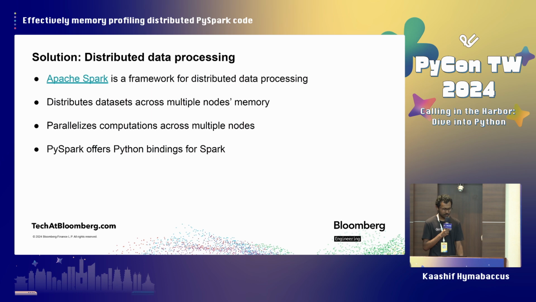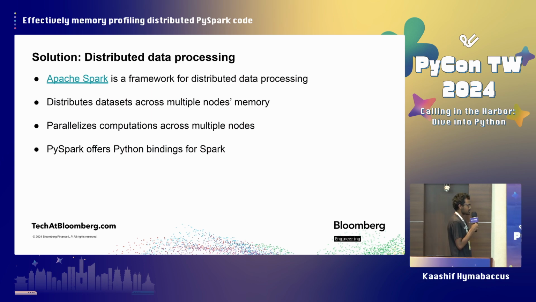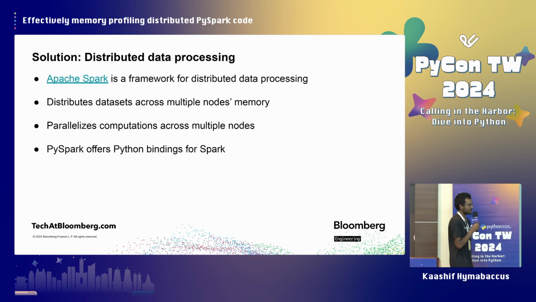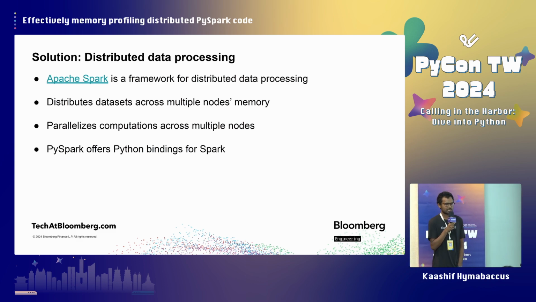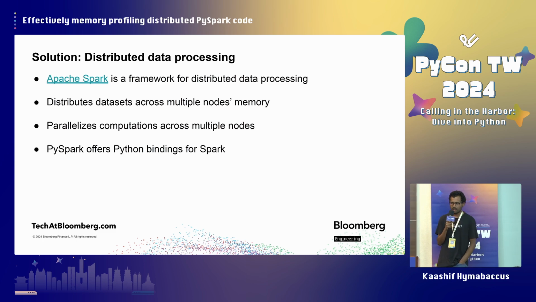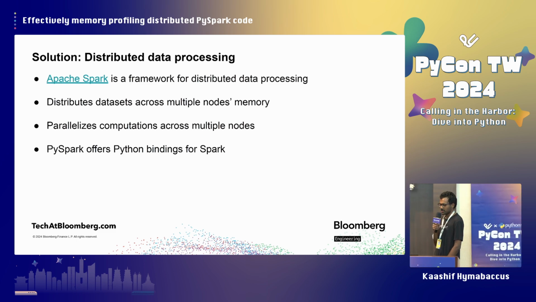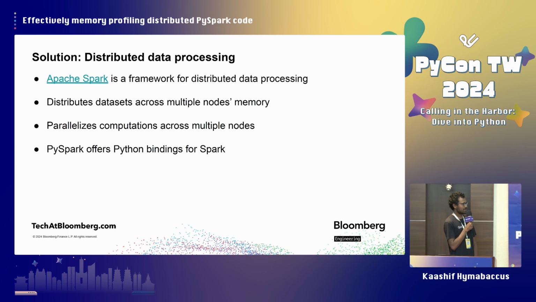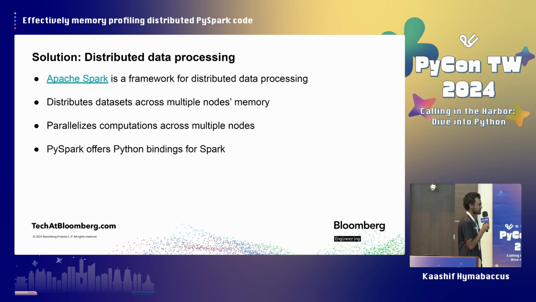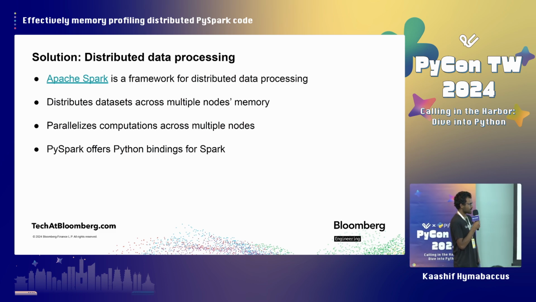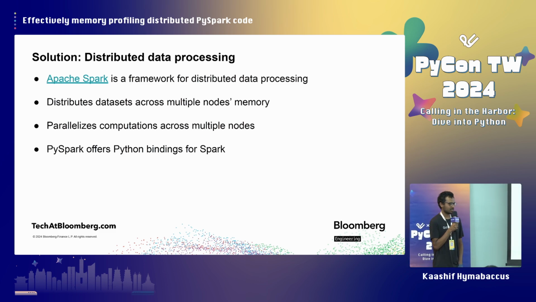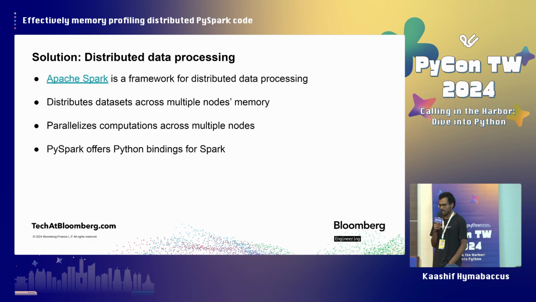So the solution we're going with, there are other frameworks you can use, but what we use at Bloomberg is Apache Spark. It's a framework for distributed data processing, which allows you to do 2 things. One, you can distribute your data set across multiple nodes, so that allows us to load the whole data set into memory at the same time. And 2, you can parallelize your computations across multiple nodes. PySpark is the Python bindings for Spark, because Spark is a JVM-based library.